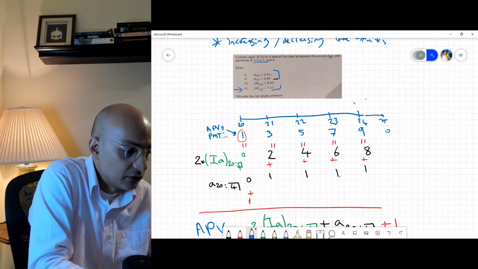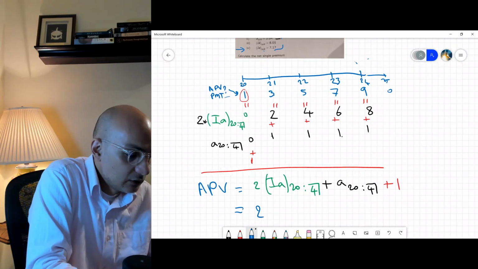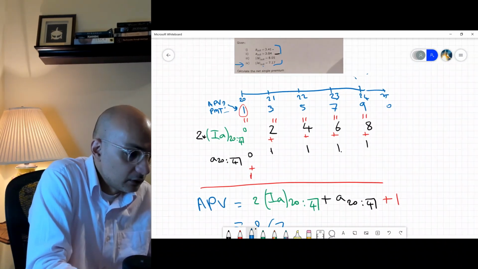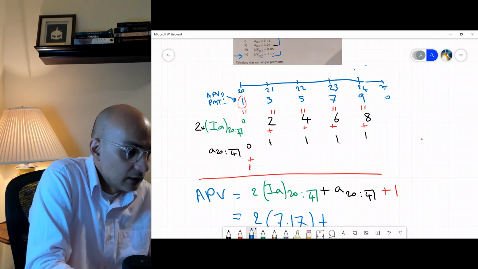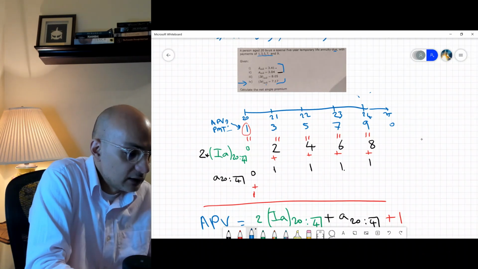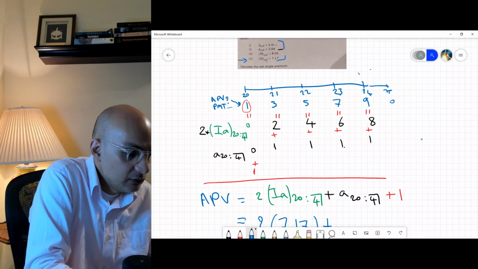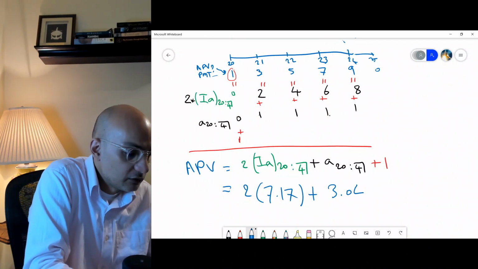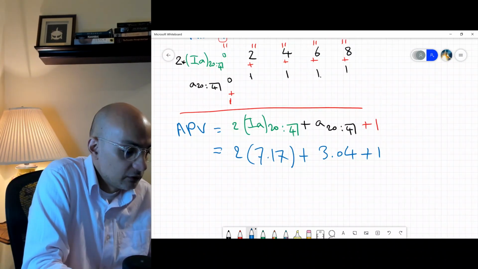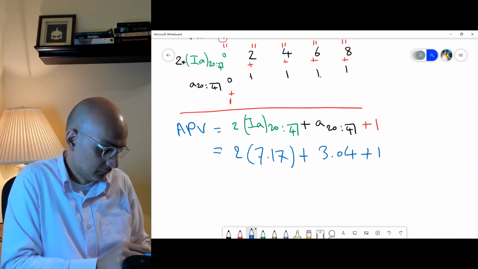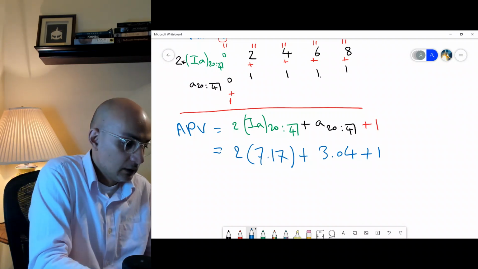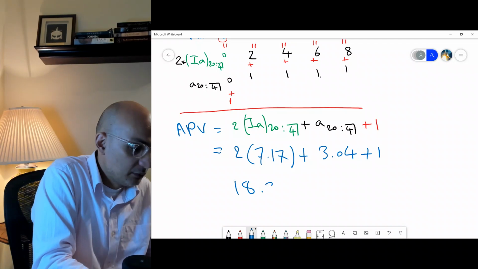You're given all the information: (IA) is 7.17, plus the immediate one, which is 3.04, plus 1. If you add this quickly, I got the answer to be 18.38.